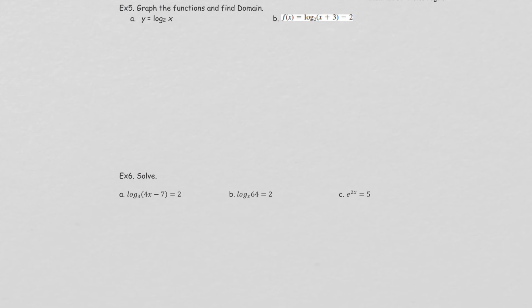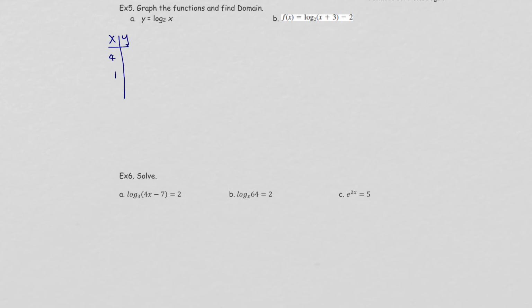I will do 2 more examples from these sections. The first one will be graphing. If we don't know the shape of it, what we can do is, again, plug in points like we did for exponentials. This time, I will see what happens when x is 4 and x is 1, right?